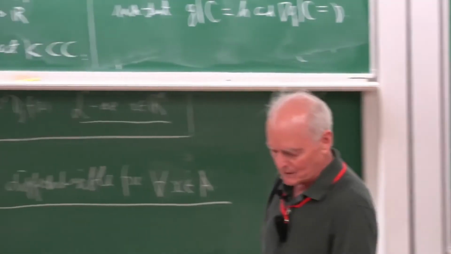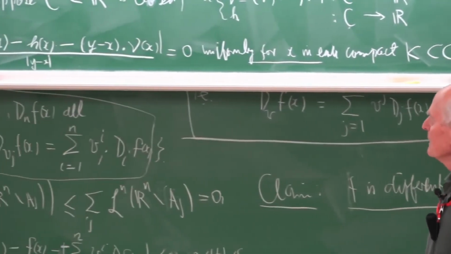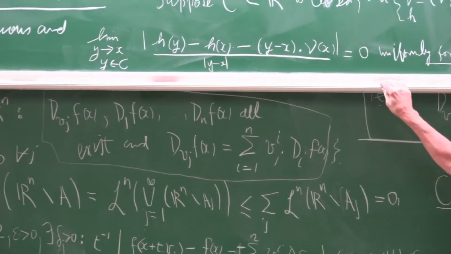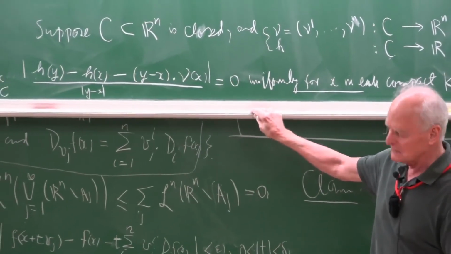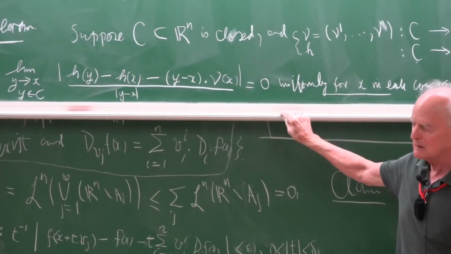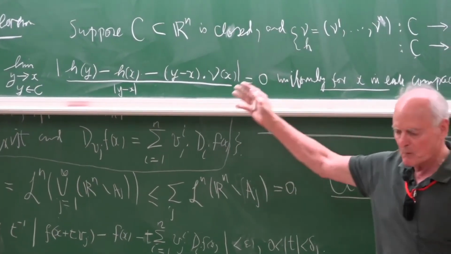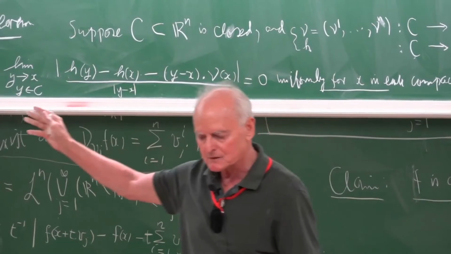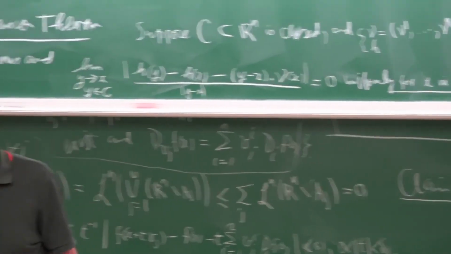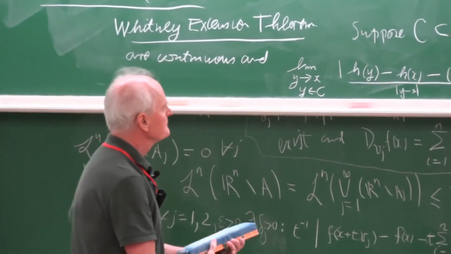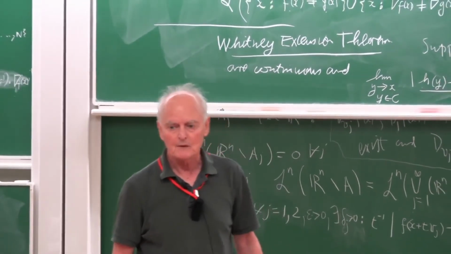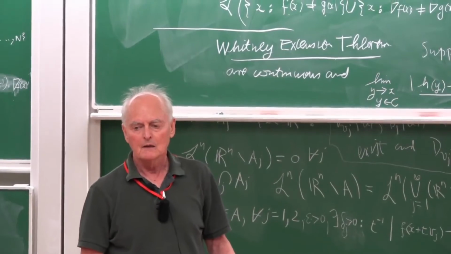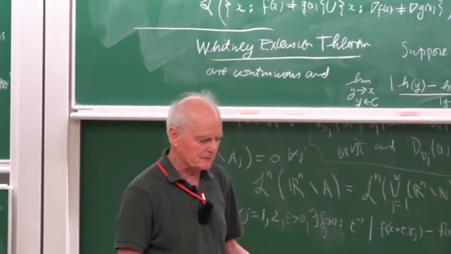So there's nothing odd about the hypotheses of the Whitney theorem. It's a perfectly natural statement, exactly a necessary and sufficient statement. And the point of Whitney's theorem is he's claiming it's sufficient to guarantee the existence of g. But in general, the closed set C, of high codimension, could be extremely thin.